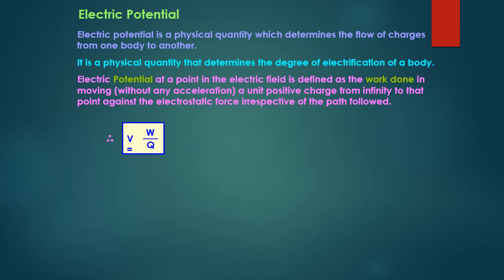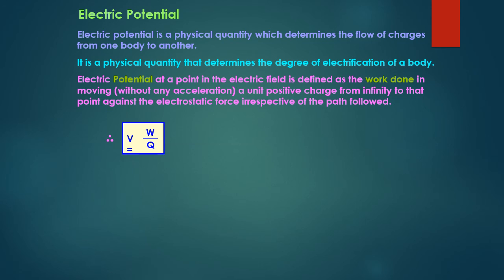So, electric potential at a point in the electric field is defined as the work done in moving a unit positive charge from infinity to that point against the electrostatic force, irrespective of the path followed. That is, whatever amount of work is done in moving a unit positive charge from infinity to a particular point is considered as the electric potential at that point.